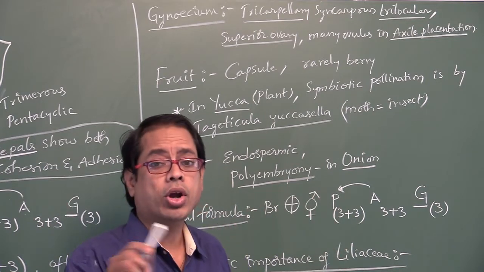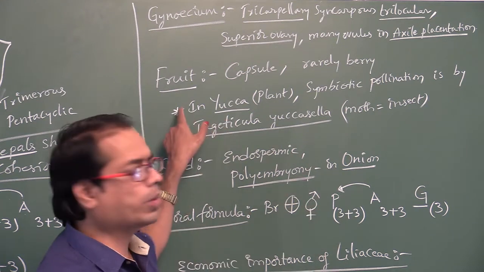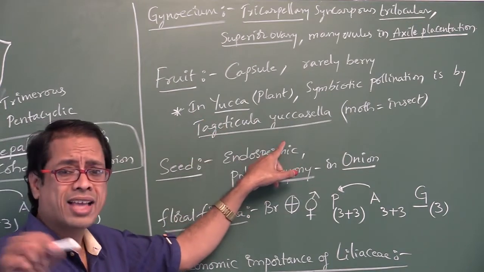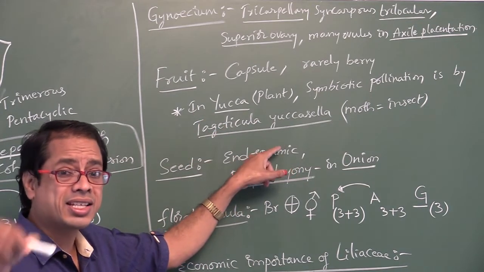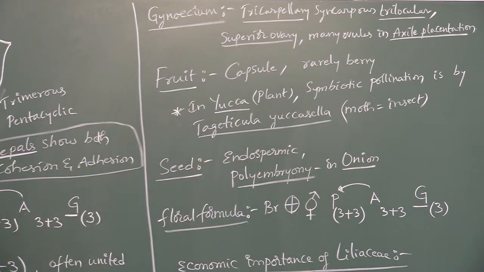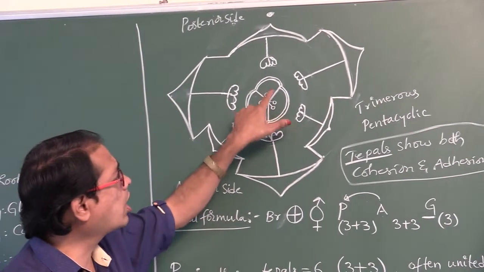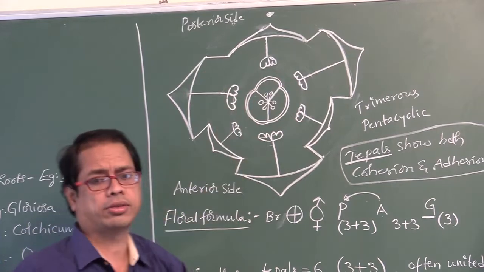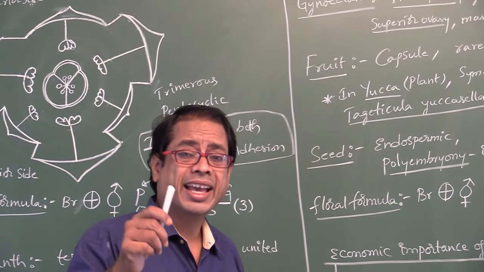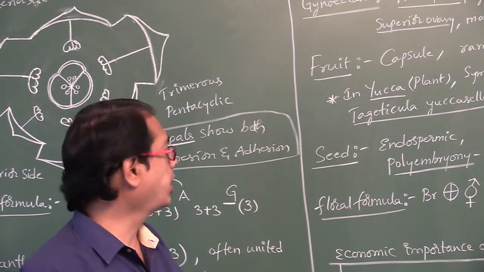Yucca is the plant name and the insect is Tegeticula yuccasella. This insect lays its eggs in the locules of the ovary of the yucca plant. That is very, very important.